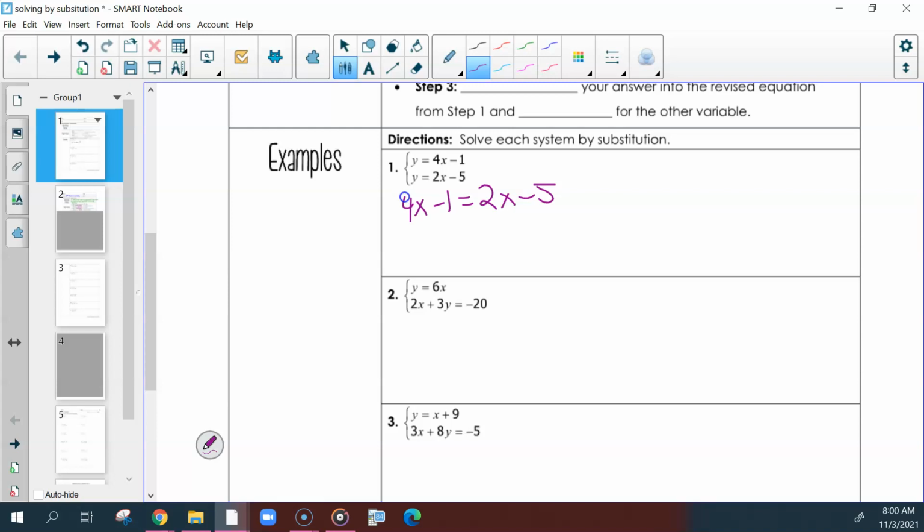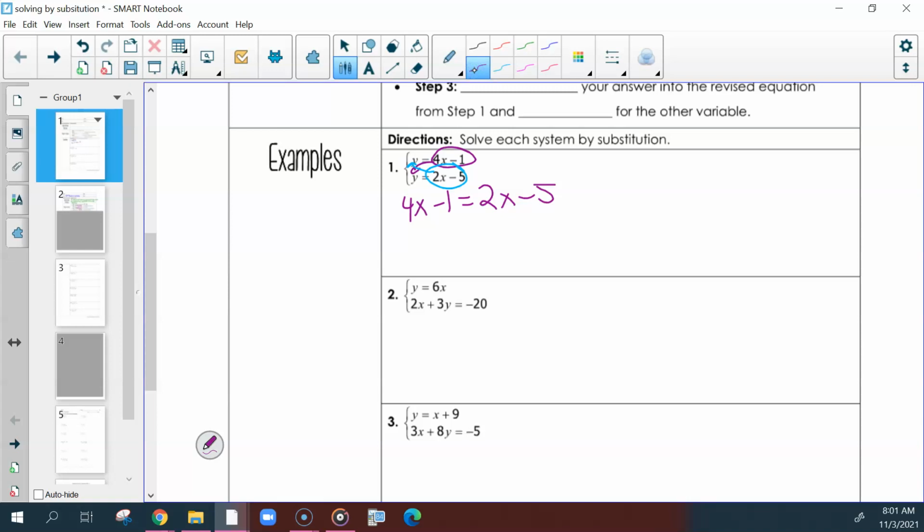In this case, I could say I put this one into this y, or I put this one into this y. It doesn't really matter. They both went into each other. But now that I've done that, I'm going to solve for x. Again, it does not matter how you choose to solve this.